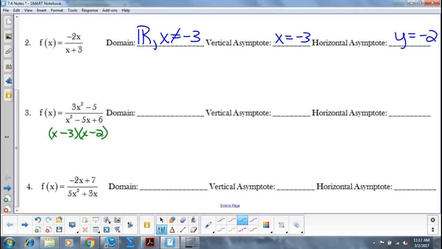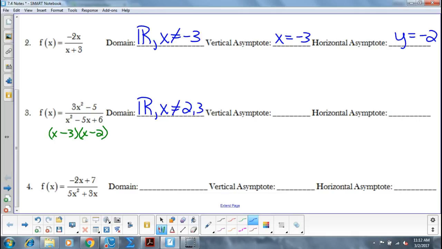Okay, so what does that mean for our domain? +3, +2. Yep. So x can't equal +2 or +3.